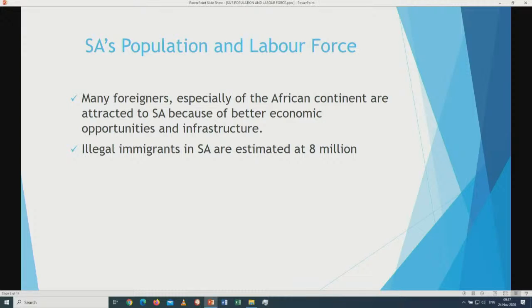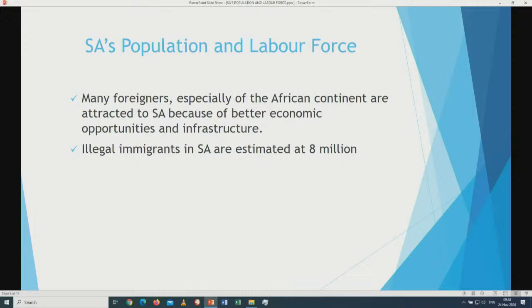Now, we also have amongst us the so-called illegal immigrants. Those who have moved from their countries to South Africa, but not legally. They have not entered with the proper documentation and through the borders, through our customs, etc. They have not used proper, legal channels to come into the country.